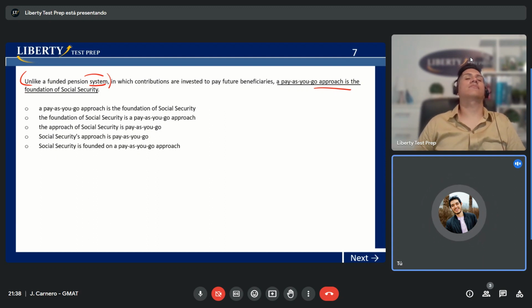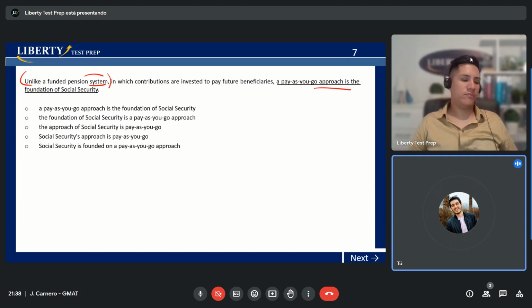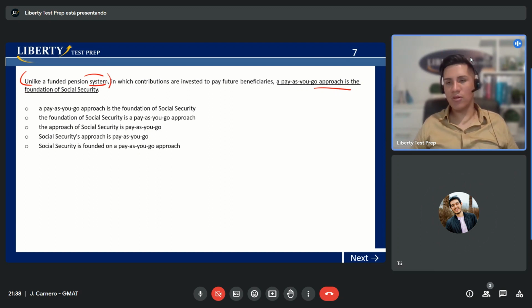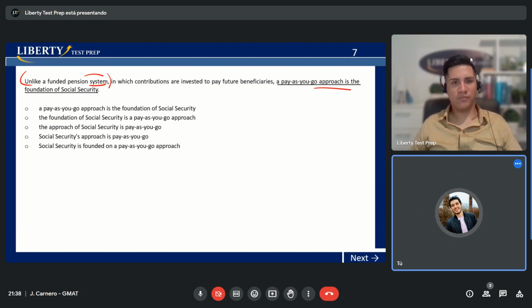So system, in letter A, I can compare system with what? Unlike a pension system, a pay-as-you-go approach is a foundation. So what are you comparing the system to? The approach.